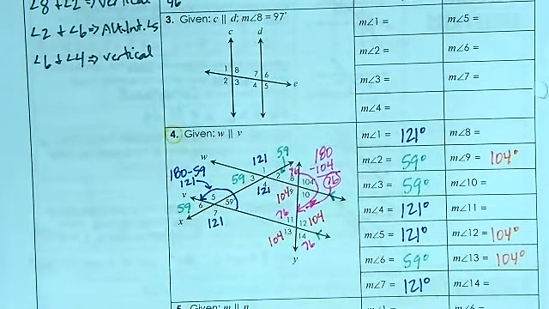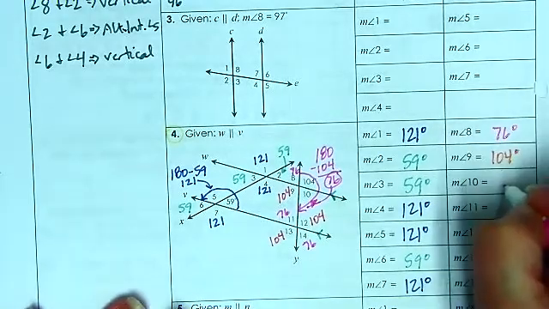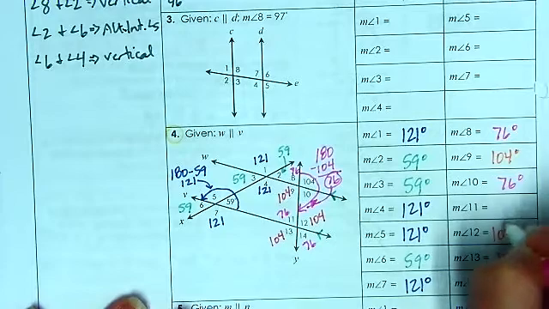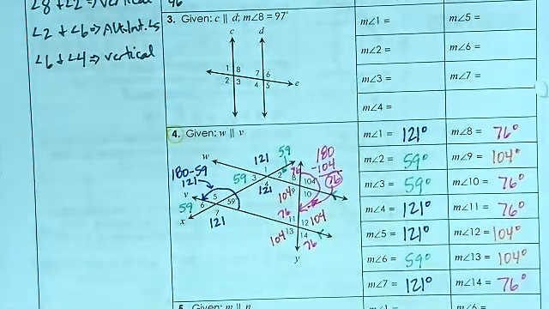And pink is the 76: 8 is 76 degrees, 10 is 76 degrees, 11 is 76 degrees, and 14 is 76 degrees. We found all of those angles.